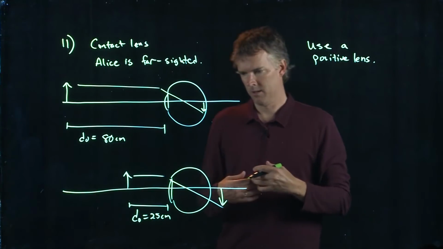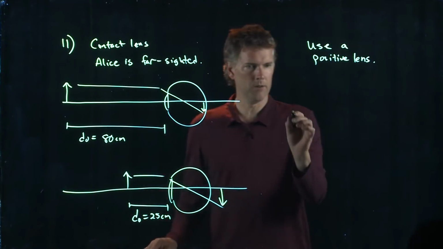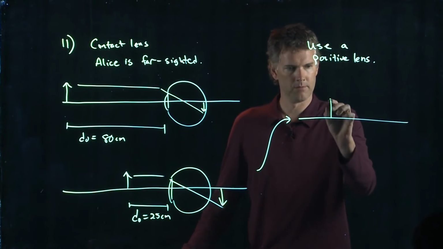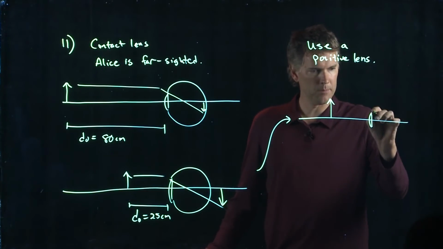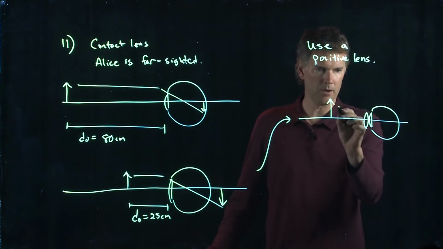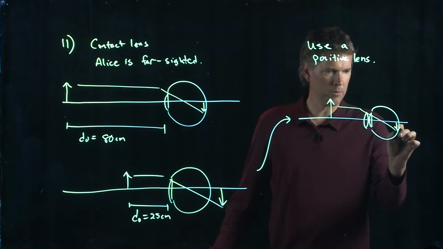All right, so we're going to take this picture now and we're going to add a positive lens. So here's her eyeball. I'm going to put a contact lens right on her eyeball, and now the image is formed on the retina.